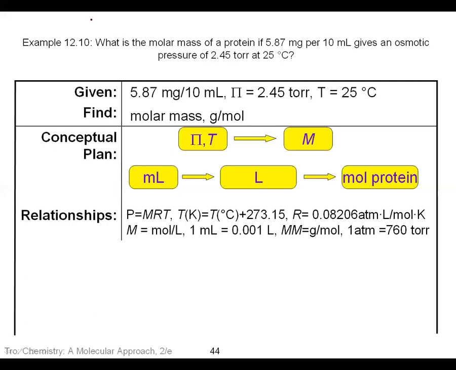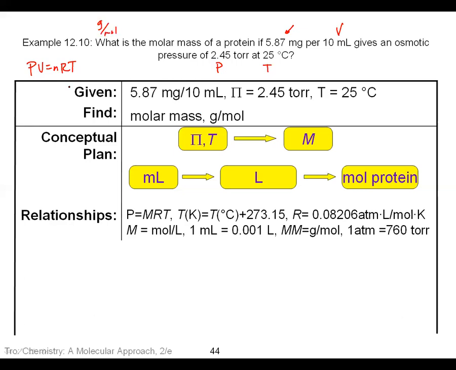So again, since we're thinking about osmotic pressure, you really could just think about PV equals nRT if you like. That's our P, that's our T, and that is our V in this case. And here is really our moles. So we're looking for molar mass, which again is grams per mole.